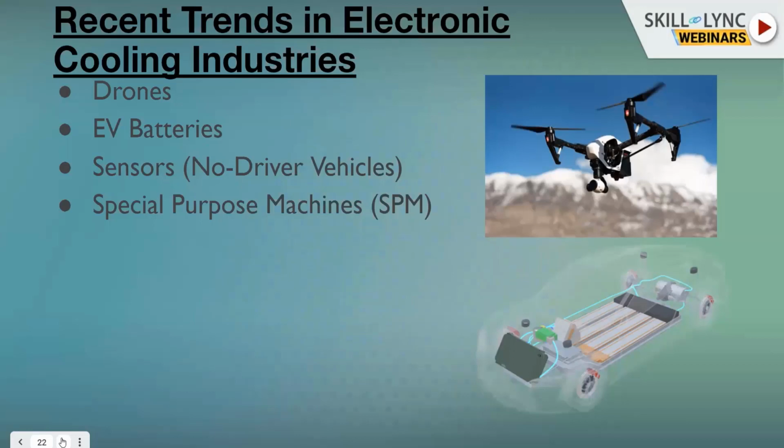There are some cars which are autonomous vehicles. They actually drive using all the sensors. So sensors generate heat, so we have to analyze that. There are special purpose machines which are used to manufacture a chip or a PCB or a heat sink. Those kinds of machines can also be analyzed.